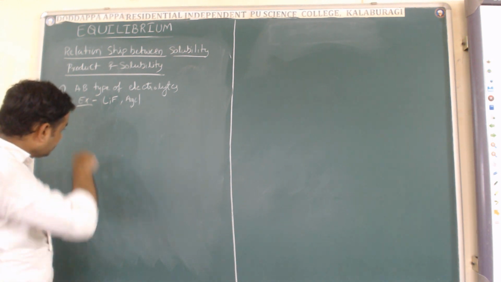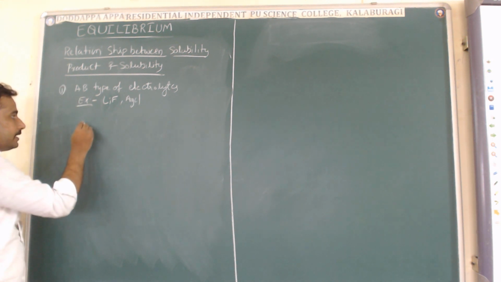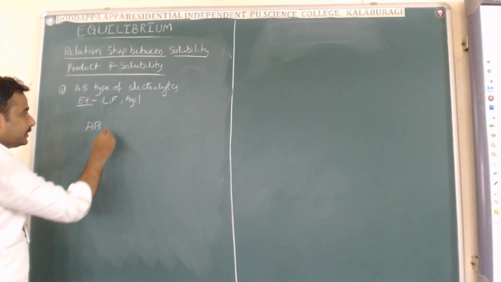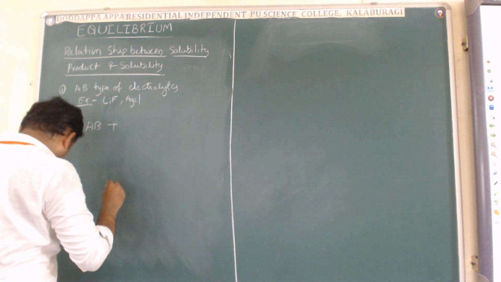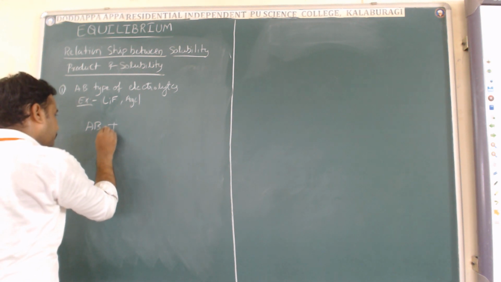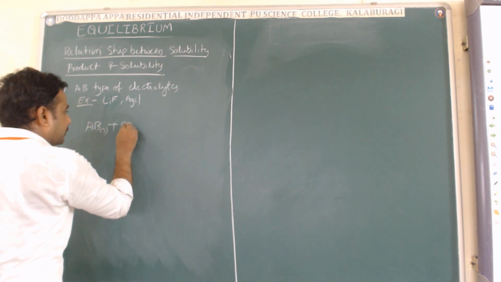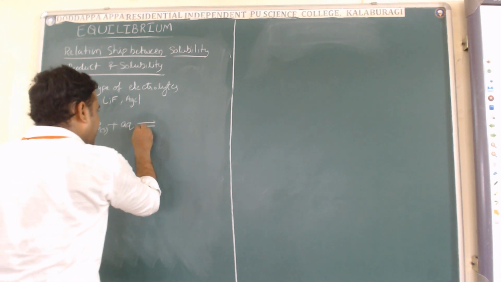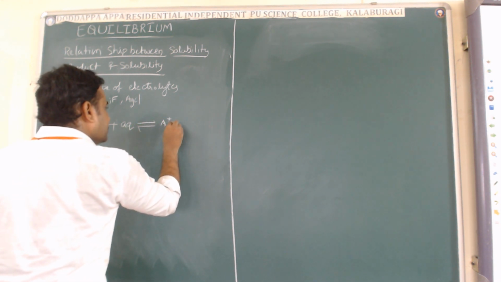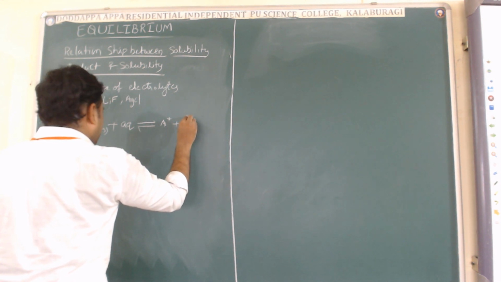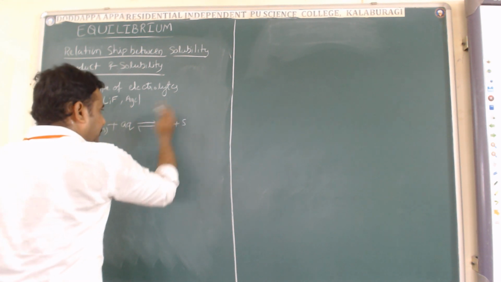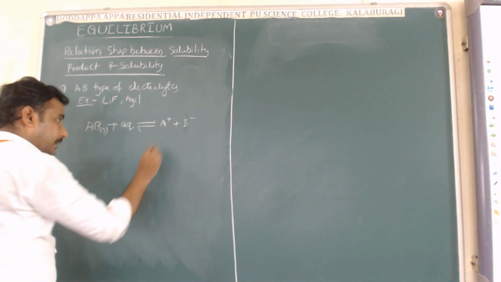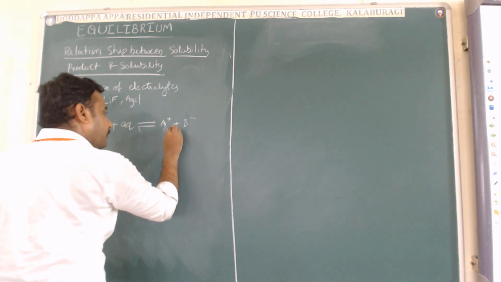So you see here, the AB type of electrolyte undergoes dissociation when you are adding it to the water. It is in the form of solid, and when you add it into the water, the aqueous form, it gives A plus and B minus, in the aqueous form also.